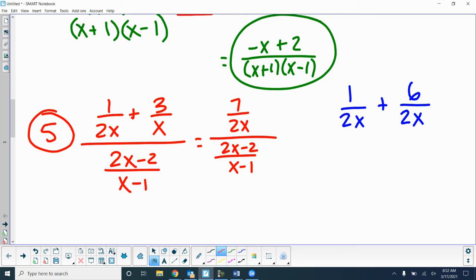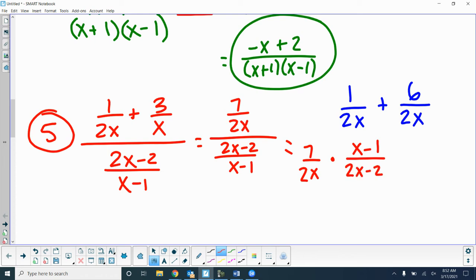So now I have a fraction divided by a fraction. So I change it to multiplying by the reciprocal. Not equals, sorry. Times. And I flip that bottom one.